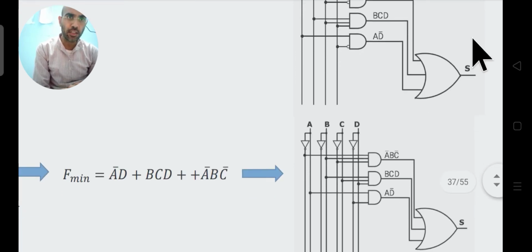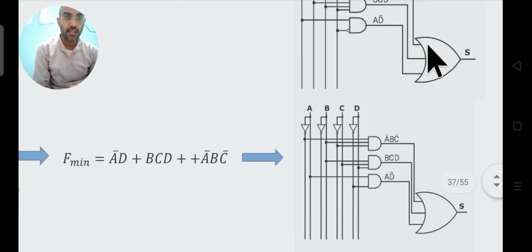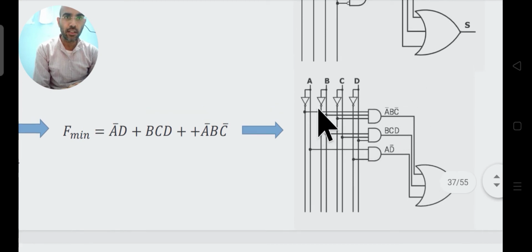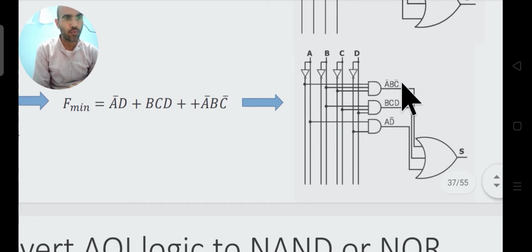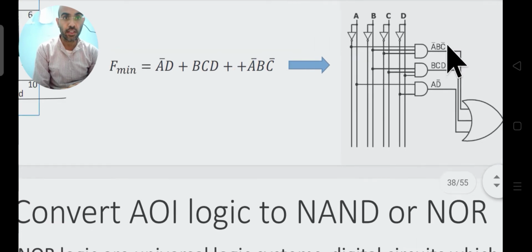Then these three terms are ORed with a 3 input OR gate to get this particular expression, right? And then later on, you can also implement the same circuit with the help of this. So this we have already discussed, how to get the complemented and uncomplemented variable. Okay, so we have already discussed this.